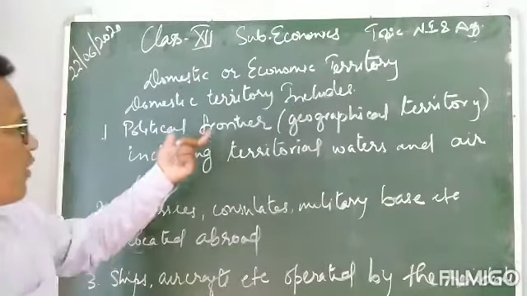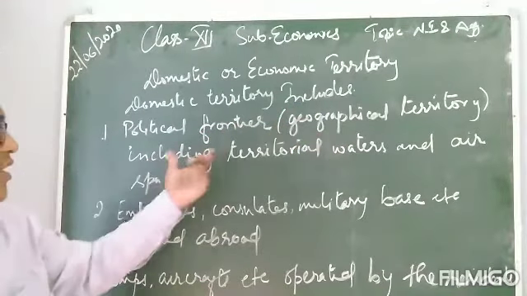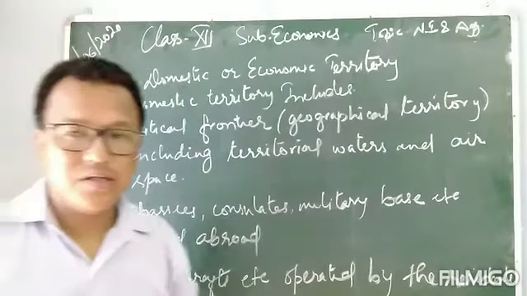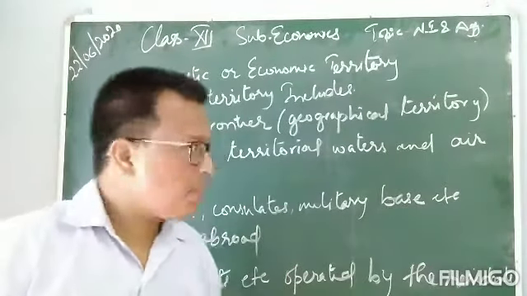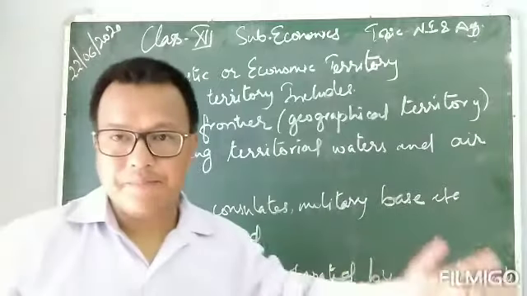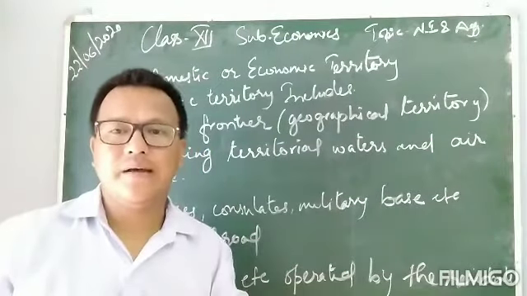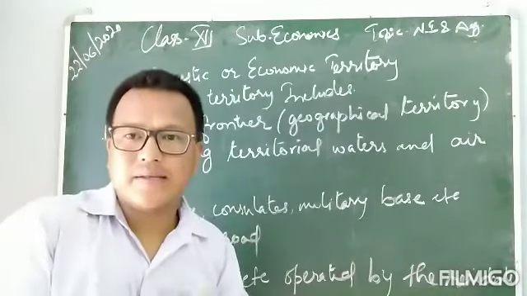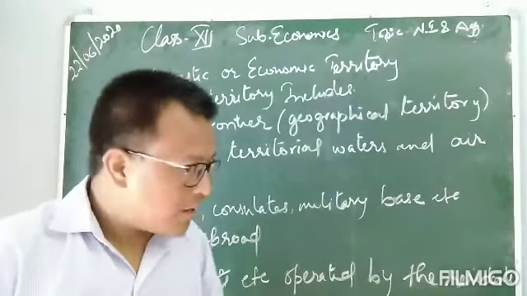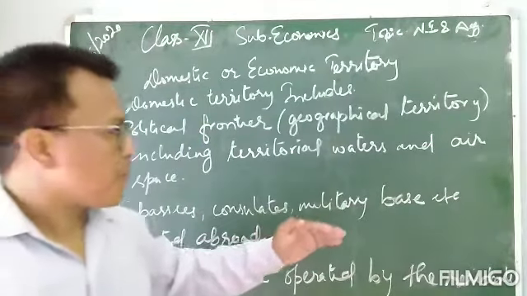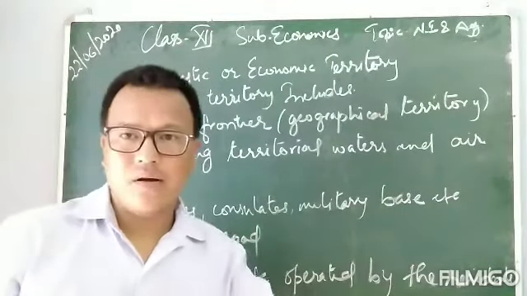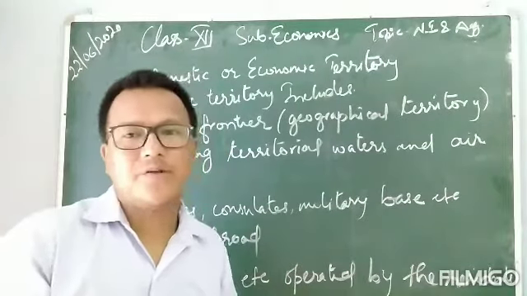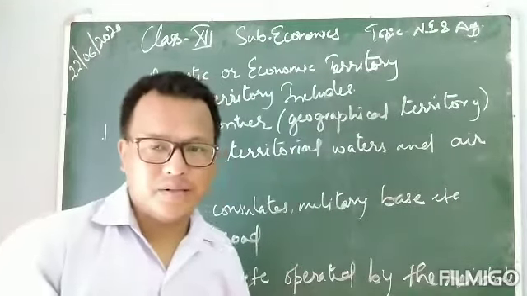Now how are these included, like the geographical territory including territorial waters and airspace? Take for example the Maneri Dam: water is stored and electricity is generated, the electricity is supplied to consumers, and in response they get the bills.